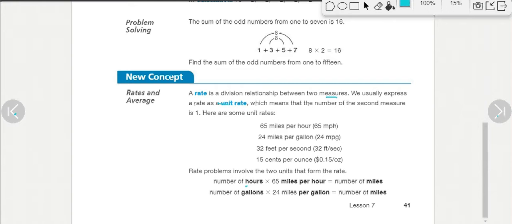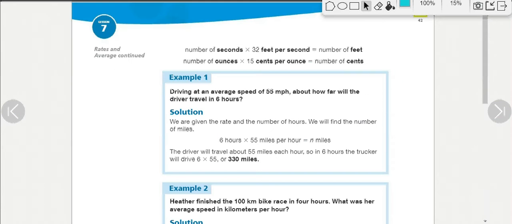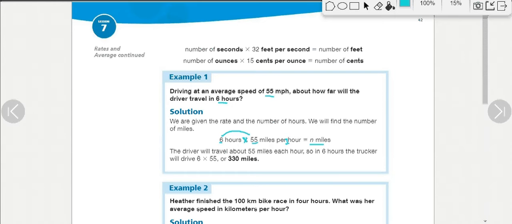The number of hours times the rate is the number of miles. 6 times 55, which is that rate per 1 hour, right? Unit rate, is n miles. So 6 times 55, punch in a calculator, 330 miles. Look back at the example, make sure that that makes reasonable sense.